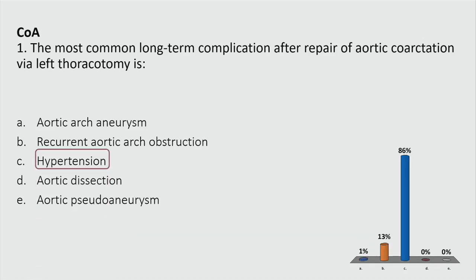Good. So in general, the most common, not only long-term but even in the immediate postoperative period, hemodynamic problem you have to treat is usually systemic hypertension. Aortic arch aneurysm is associated with the type of repair where you do a subclavian flap or a patch aortoplasty.